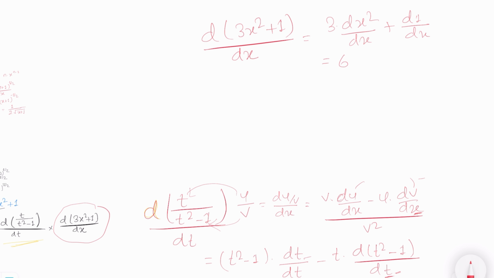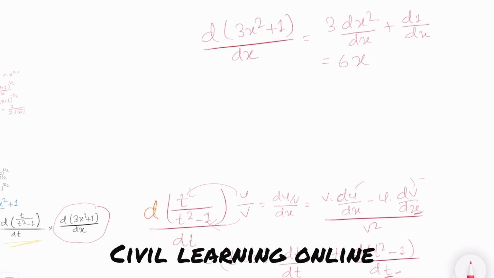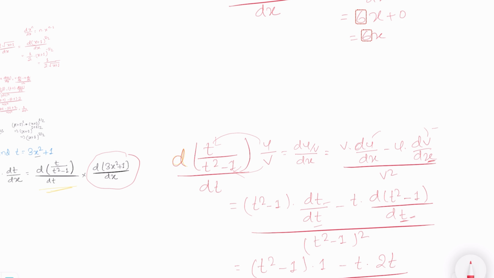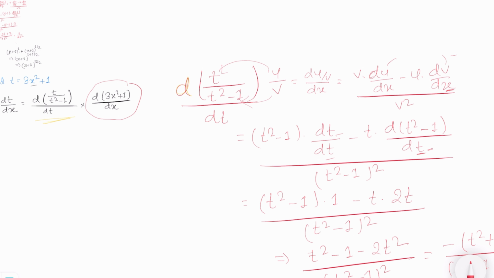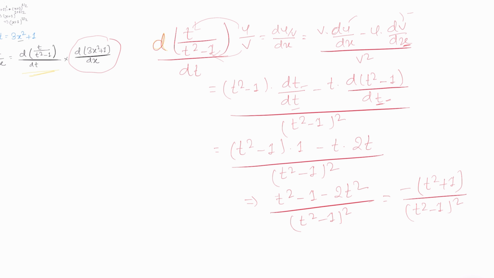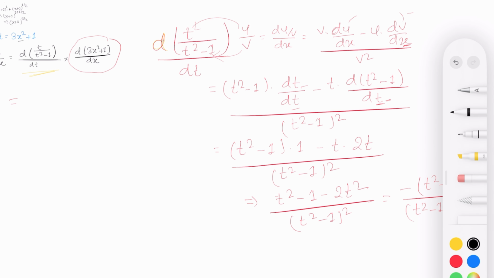So we will have here 3 times 2, 6x, plus 0, means 6x. Now we will write the derivative of each portion.